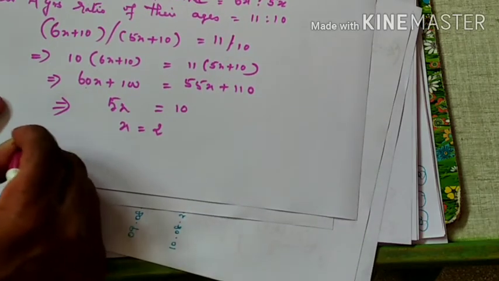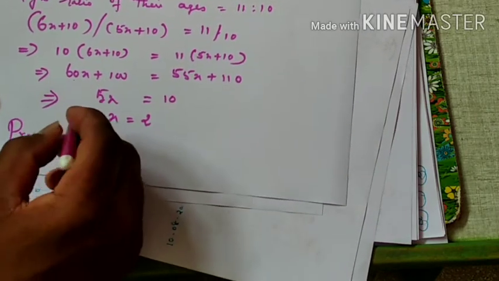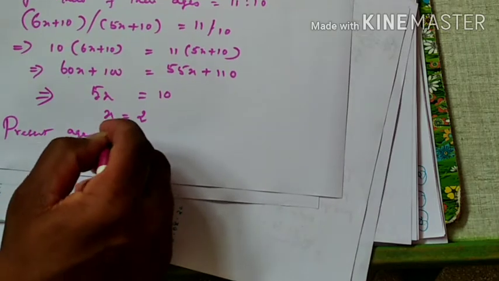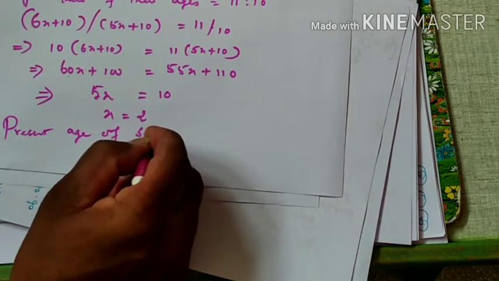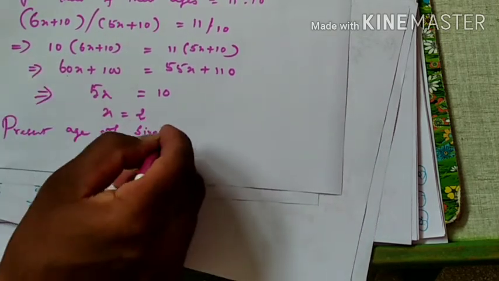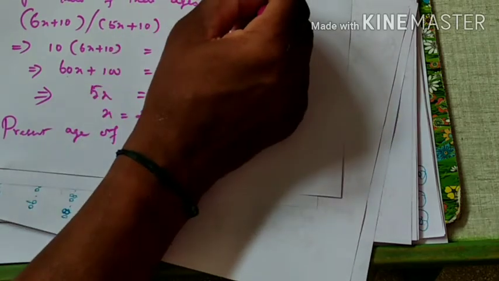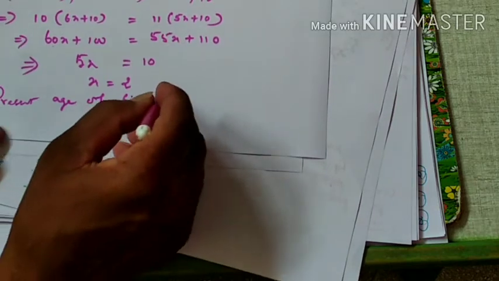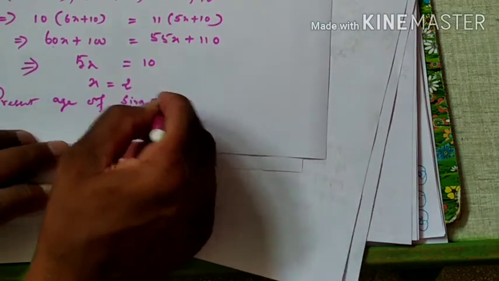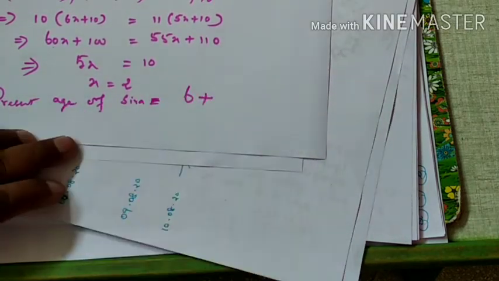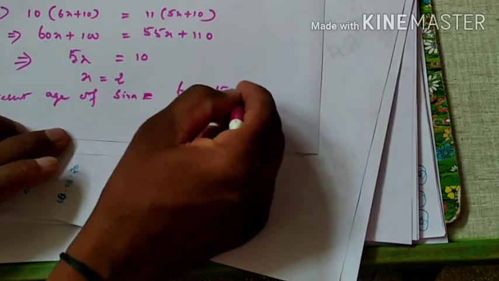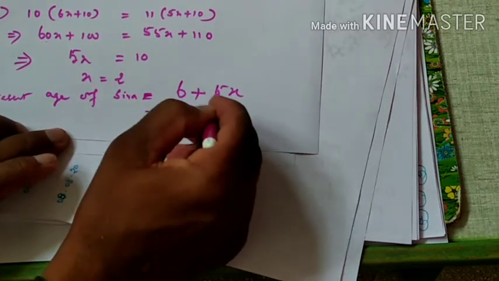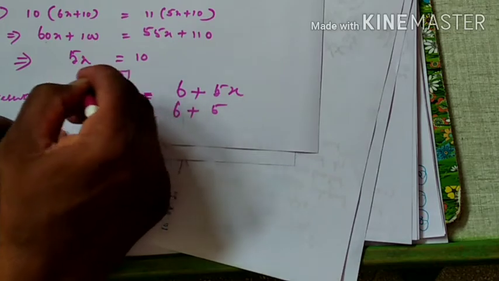So, the present age of Siva equals, we assumed initially 5x. This 5x was 6 years ago. We have to find the present, that's why we are adding 6 plus 5x. Therefore 6 plus 5 times the x value, which is 2.